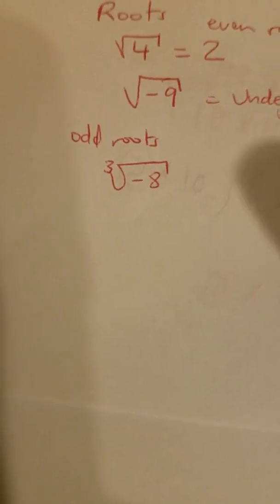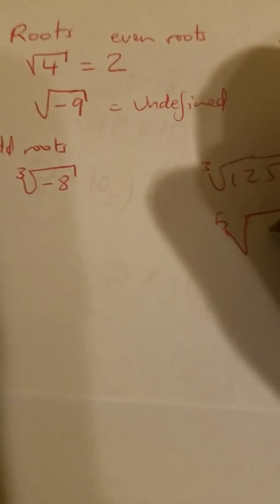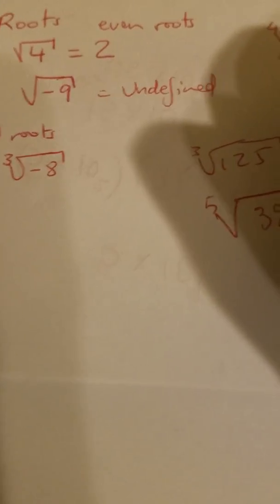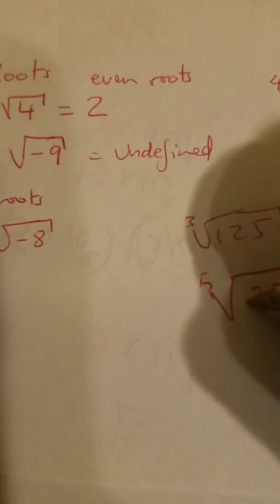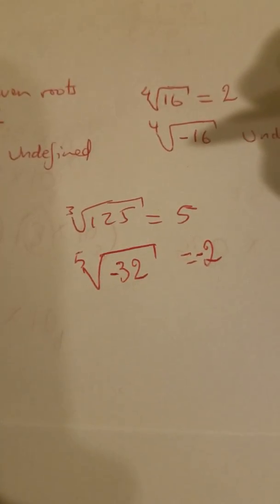If you have cube root, fifth root, you can have the fifth root of 32, which is just 2. You can have a negative here, so that will make it a negative number.